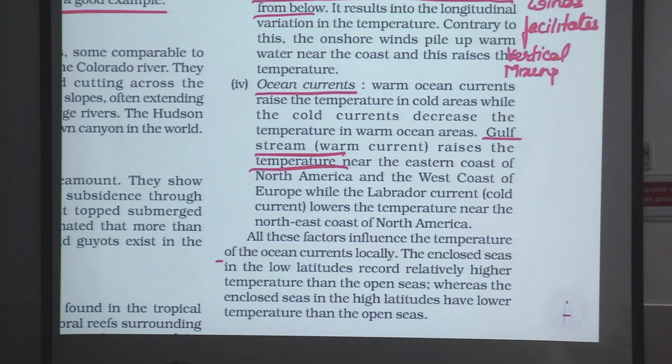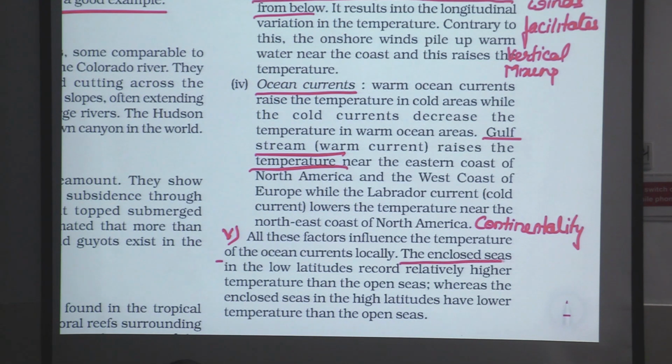And we can actually add factor number 5, which is not labeled in NCERT, and I'll call it continentality. Apart from all these 4 factors, sine of latitude and the boundary with the land, and then you have got the prevailing wind pattern and oceanic currents, I am talking about continentality.